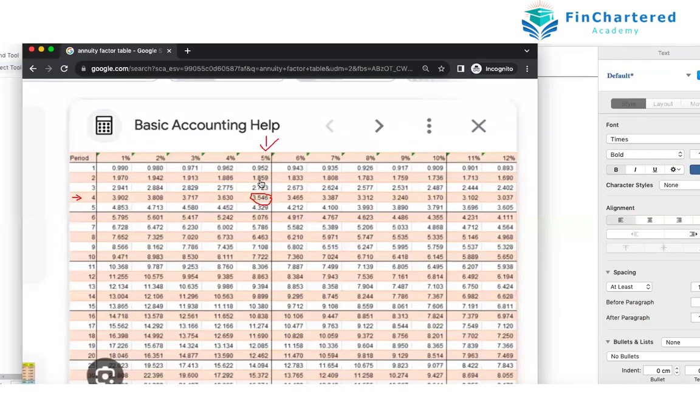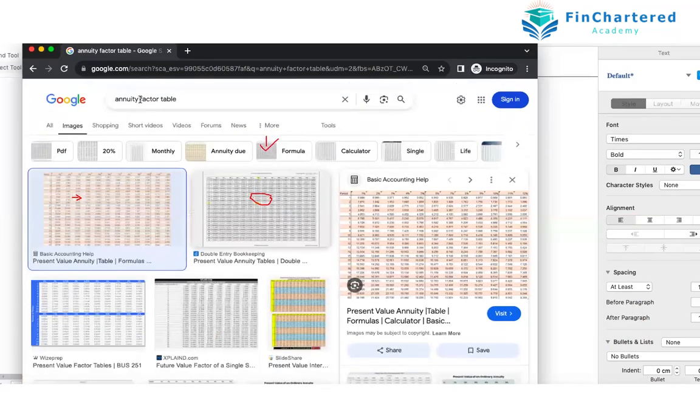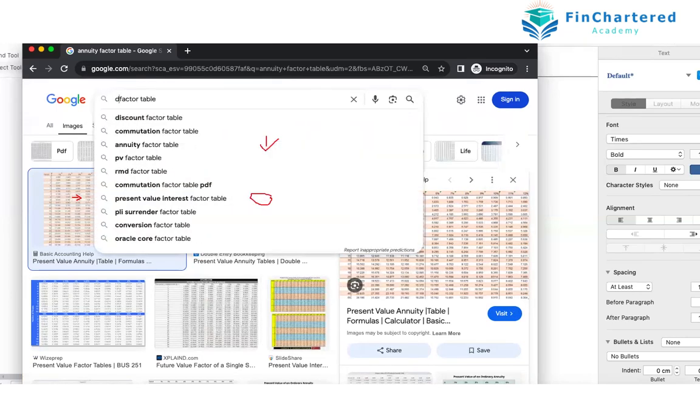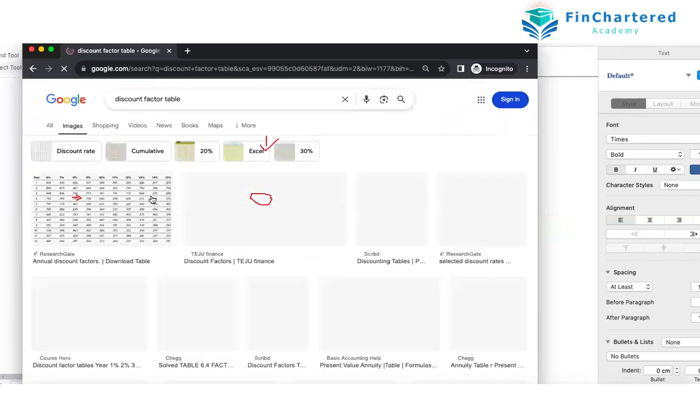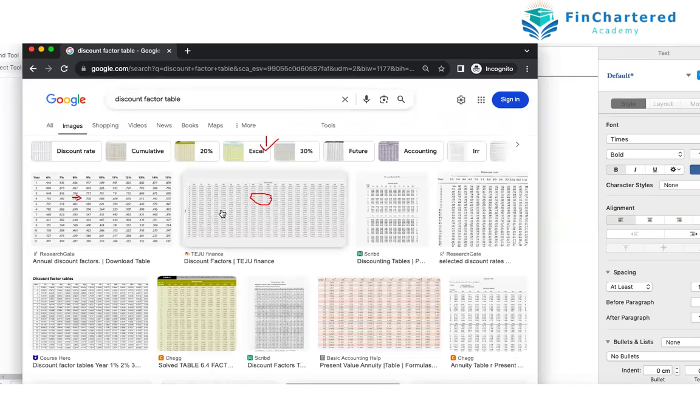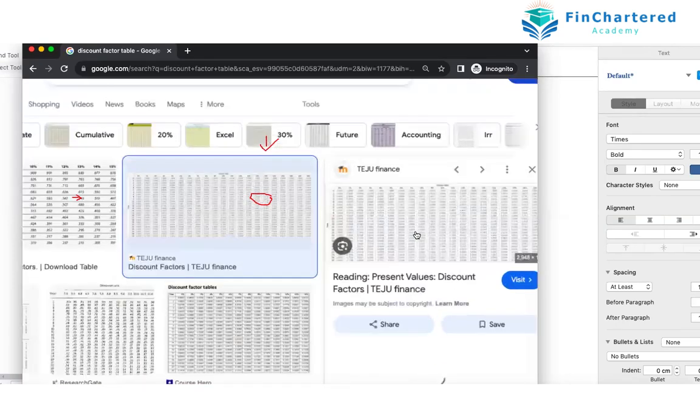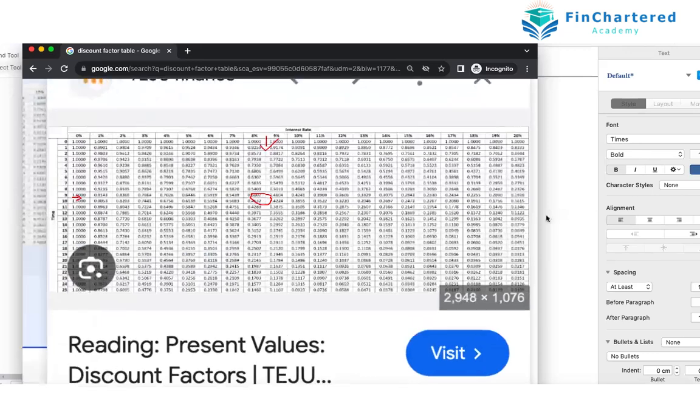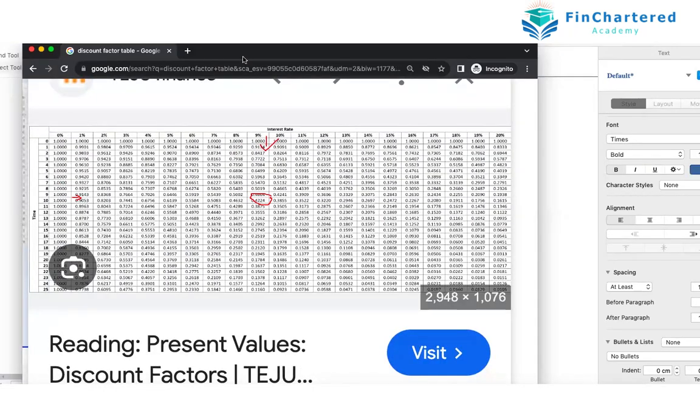You will open the discount factor table. How much is it? 5%, 2 years. So it's 0.9070. That's the discount factor.